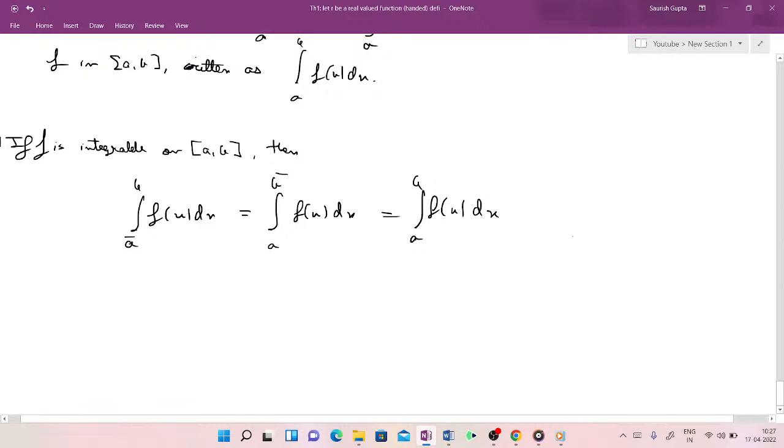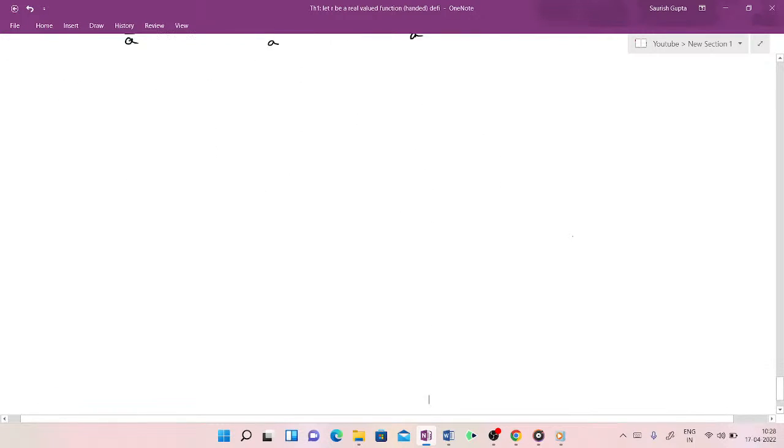Got it? Clear? Okay. From here, you people have understood what is a Riemann integral of a function over some interval. Clear? Okay.